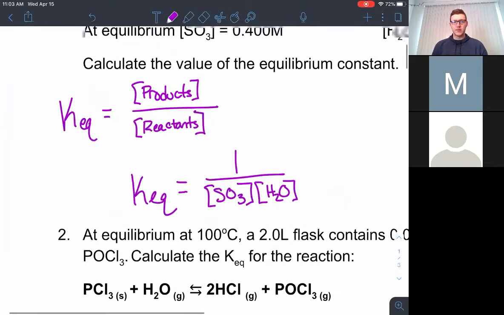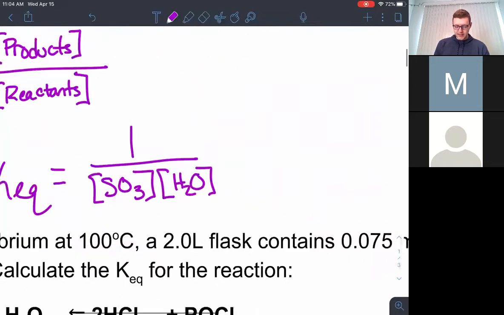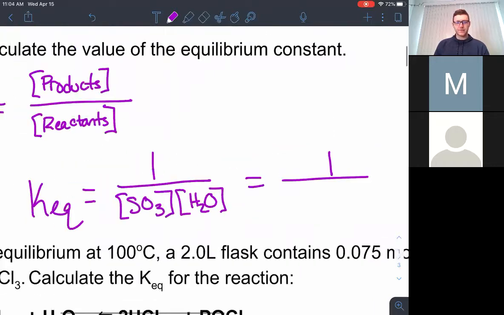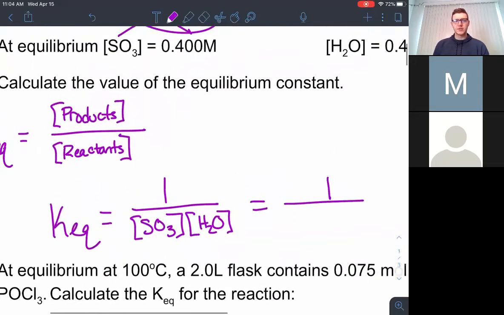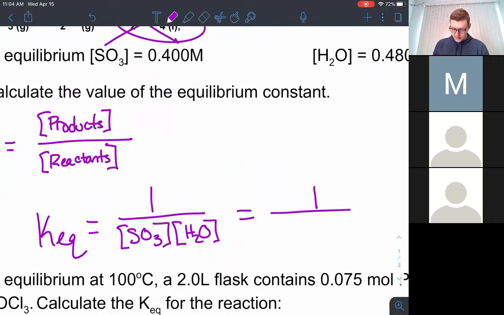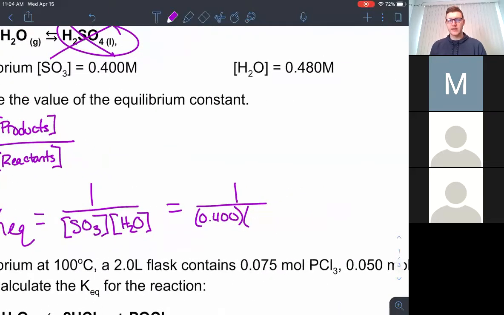So now, since we have the setup for our equilibrium constant, all we need to do now is plug in values. So what we're going to do is take the values from up here. The concentration of SO3 is 0.4, and multiply it by the concentration of water, which is 0.480.